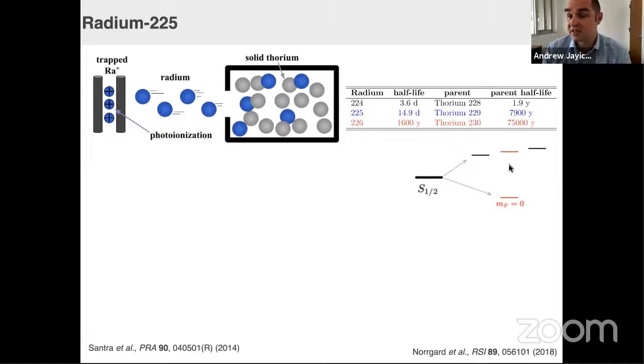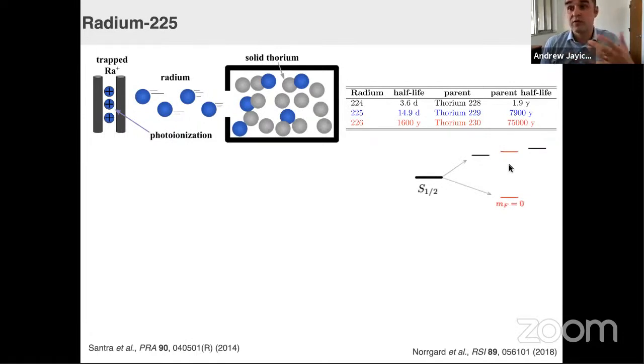And so this is nice for making an optical clock. This is nice for making a hyperfine qubit. And this nuclear spin 1/2 is essential for all the precision measurement I was discussing earlier. Okay. So yeah, it should give us access to some nice isotopes.